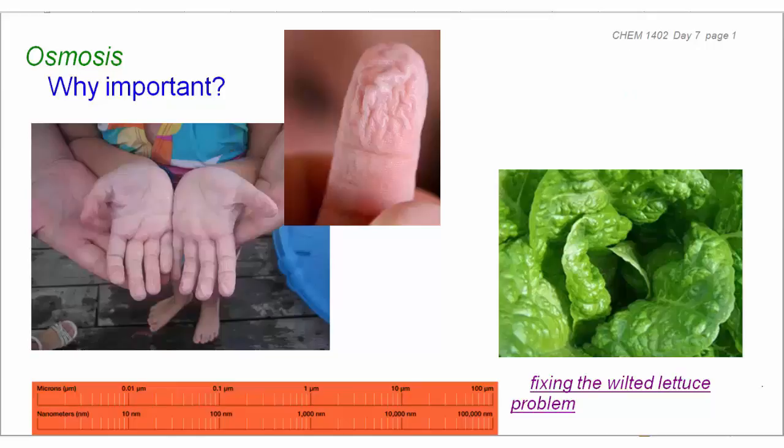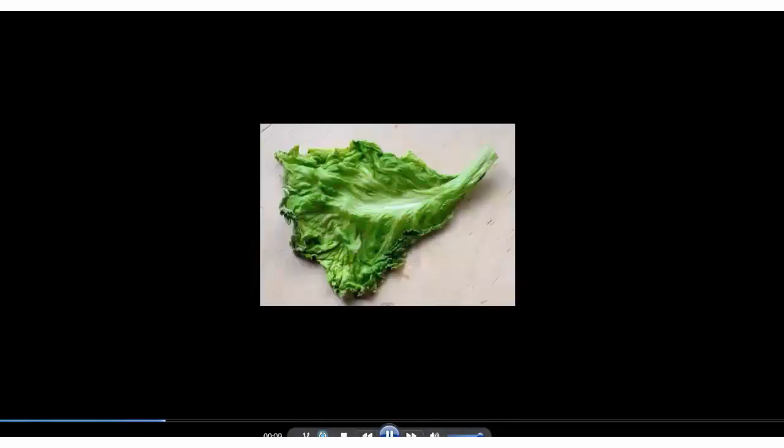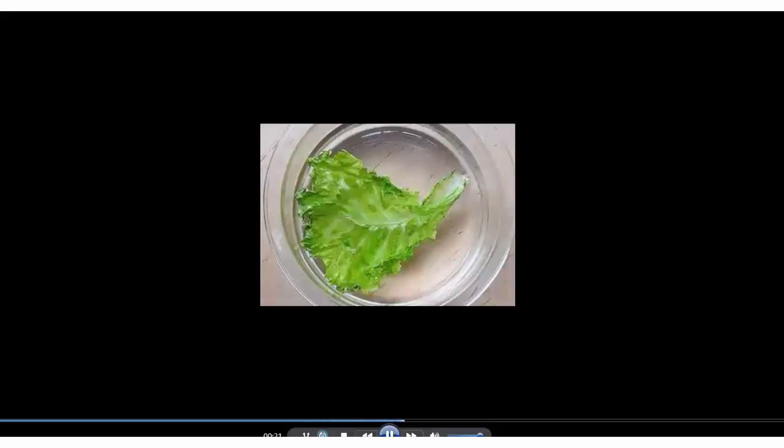For example, you can fix wilted lettuce by taking advantage of osmosis. So the lettuce is wilted because it's dried out.